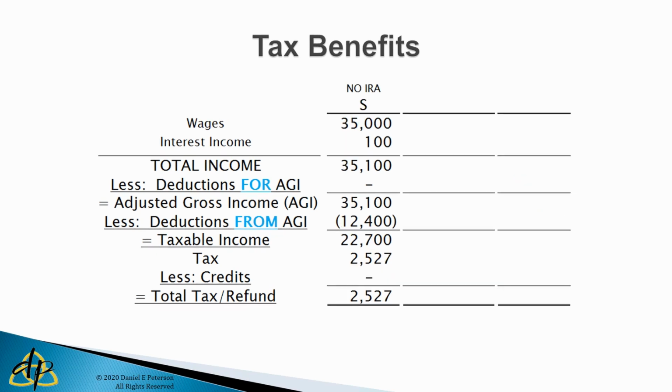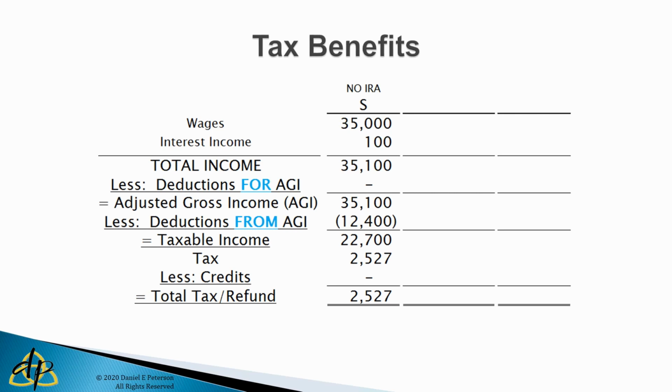Okay, let's talk about a single taxpayer and review those IRA scenarios as well. Here we have a single taxpayer with $35,000 of income, $100 of interest income for $35,100 in total income. Their standard deduction is $12,400, giving them a taxable income of $22,700.